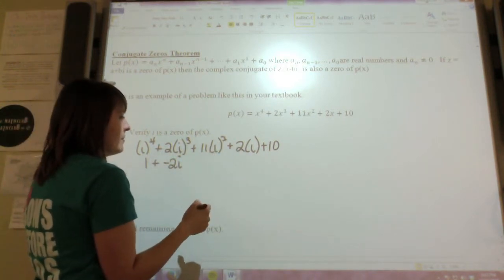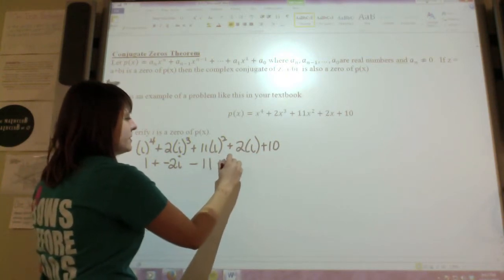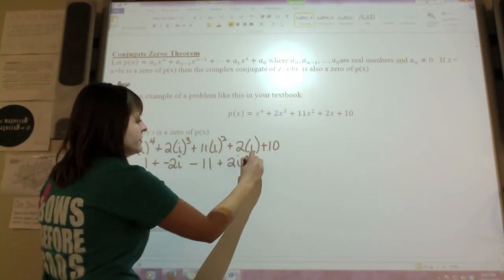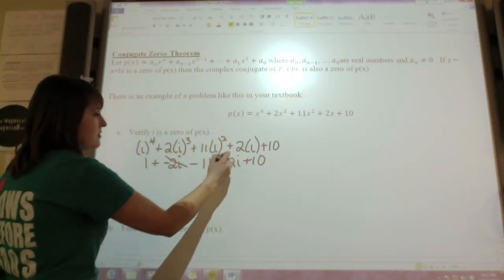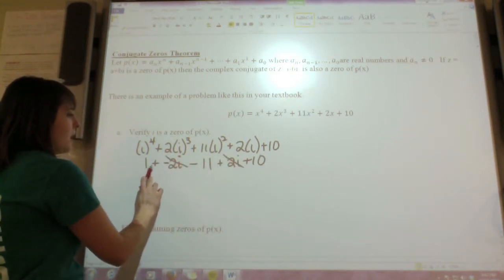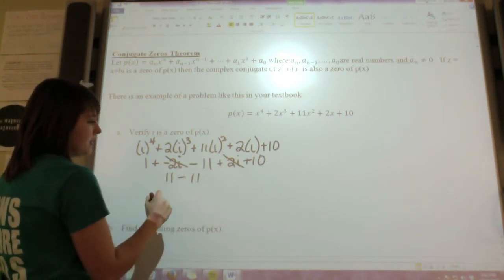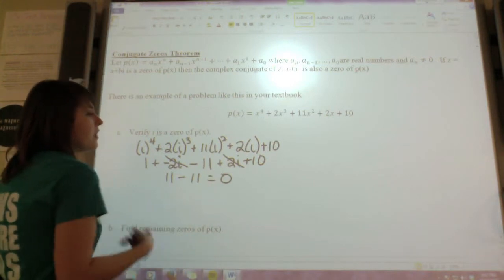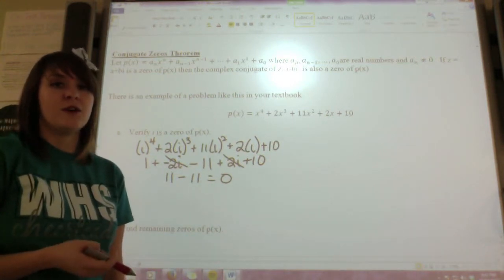Okay, i squared, remember that's negative 1, so this would be minus 11. This is plus 2i, and this is plus 10. So I've got negative 2i and positive 2i. Those are going to cancel out. I've got 1 plus 10, that's 11, minus 11. This gives me 0. I've just verified that i is a 0 of this function.